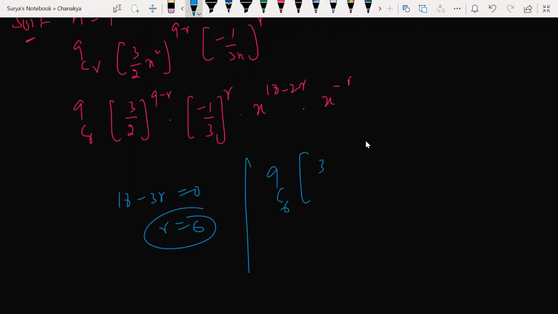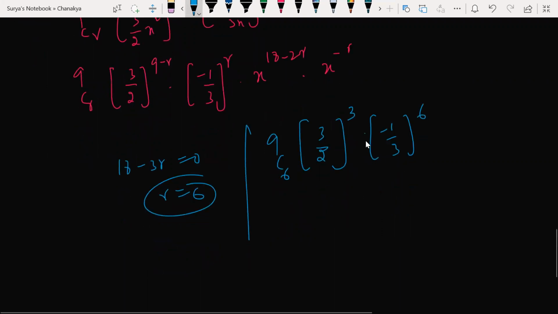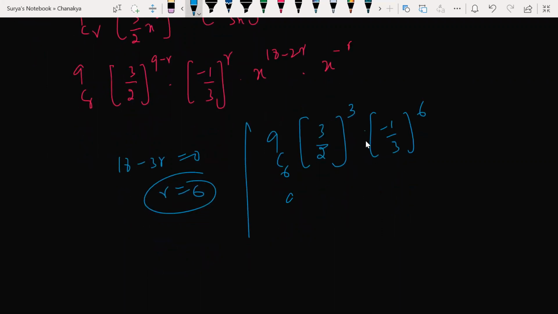9C6, 3 by 2 to the power of 9 minus r, so 3, minus 1 by 3 to the power of 6. So 9C6 into 27 by 8 into 1 by 3 to the power of 6.